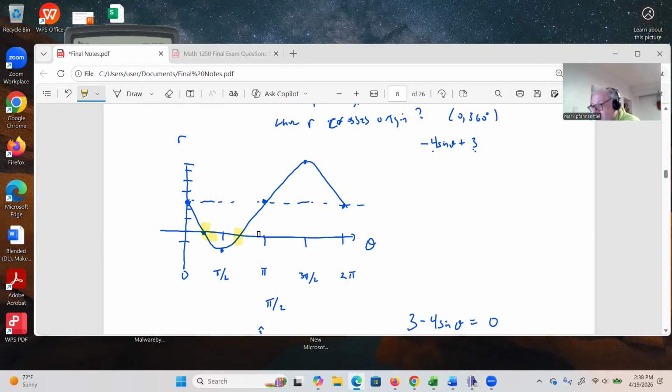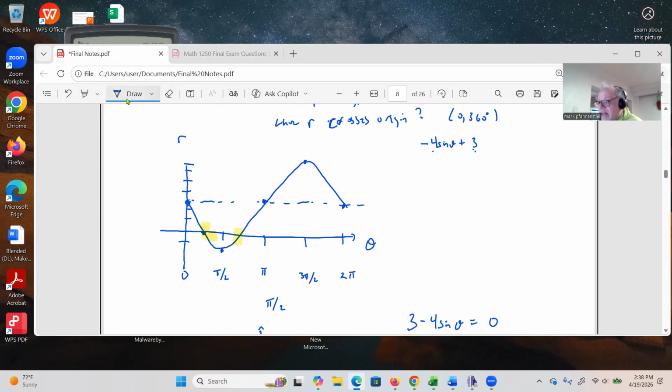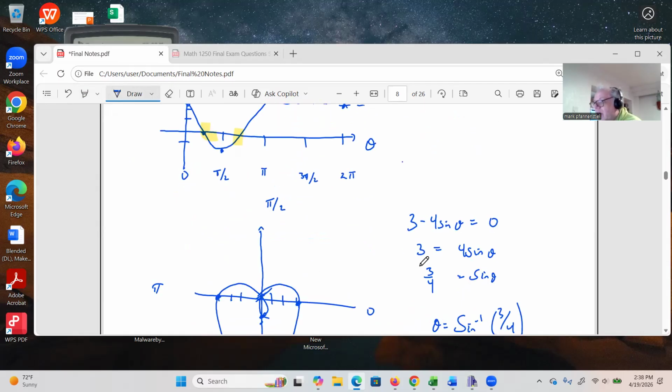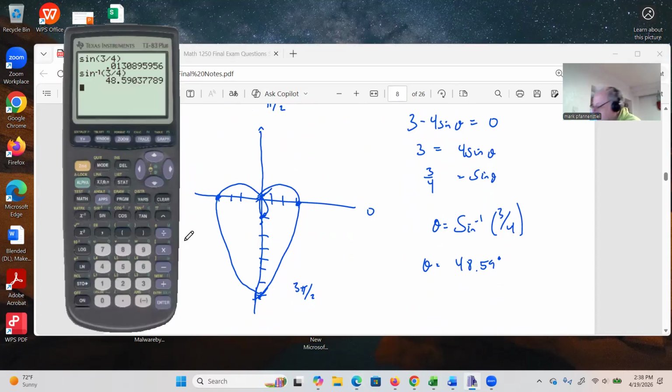It's no longer negative. It turns back to being positive. So we have to figure out where it is in the second quadrant. Well, this 48.59 degrees is in our first quadrant. So what we're going to do is say 180 minus this 48.59 degrees.